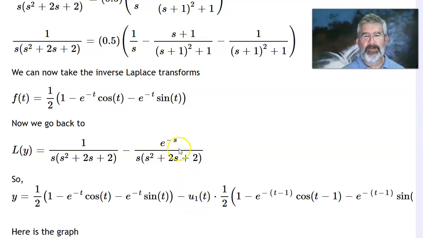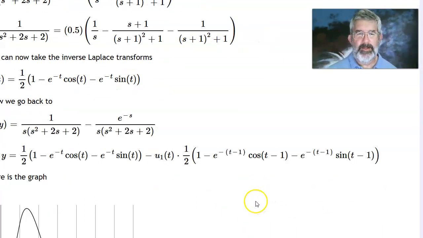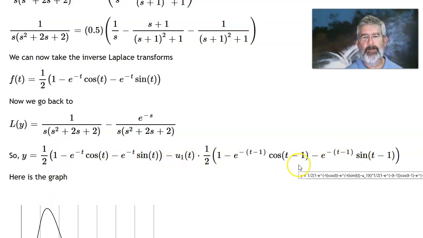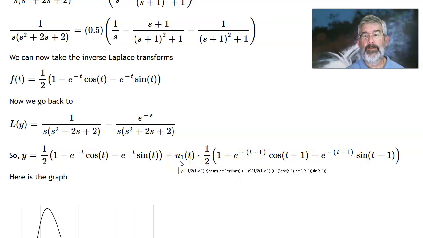Okay, so there's a shift of 1, and all of these things have to be t minus 1s. And apparently, it's just a little too big to fit on the screen. Maybe if I can shrink the font down a little bit, you can see it a little better. I think I can do this. Yeah. So this part is just that, and then there's minus, essentially the same thing, but shifted by 1 times u1.